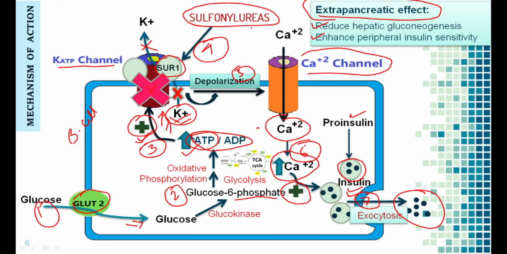Insulin action is also increased in the liver, so, as we have said, it is reducing hepatic gluconeogenesis.